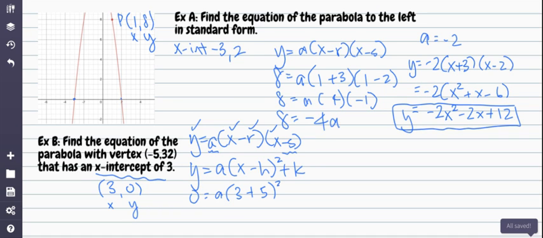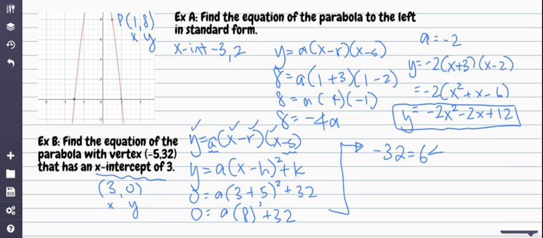Minus -5, squared plus 32. 0 equals a times 8 squared plus 32. So we move that 32 over. So it's -32 is equal to 64a, because 8 squared is 64.